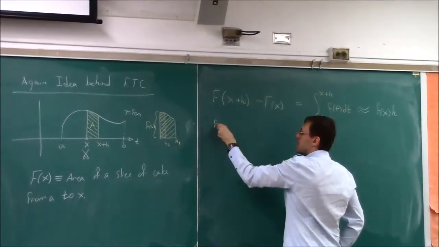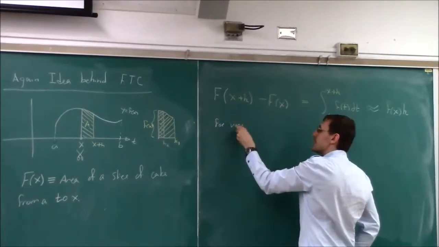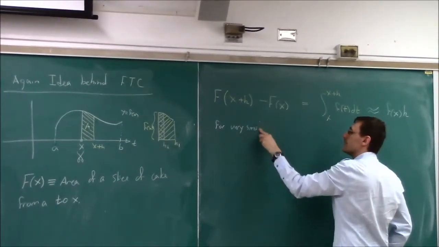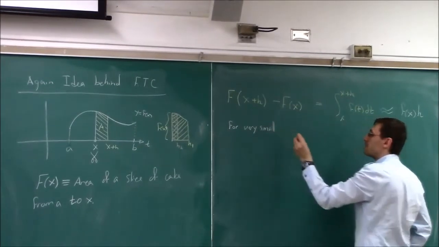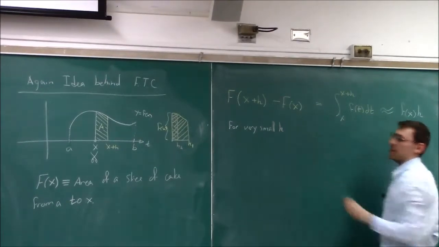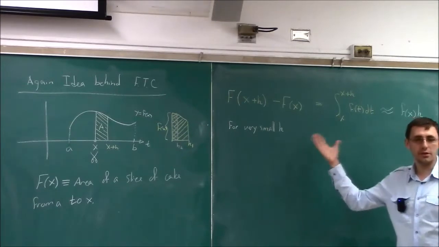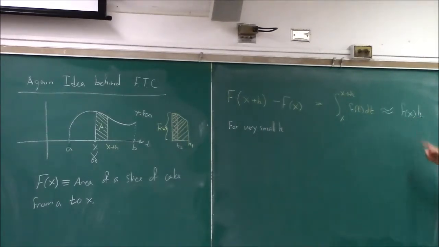And of course, you say this holds for very small h. Do you see that? Right? So the idea that I'm trying to show you is merely a visual proof, just an explanation of why that should happen.